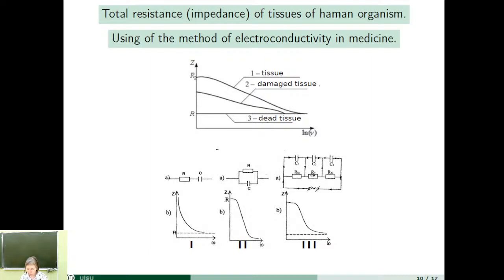For biological systems, a big value of this angle is characteristic. It shows that the share of capacitance in tissue is great. Let's give examples of values of angles of shift of the phases received at a frequency of 10 to the power of 3 Hz.